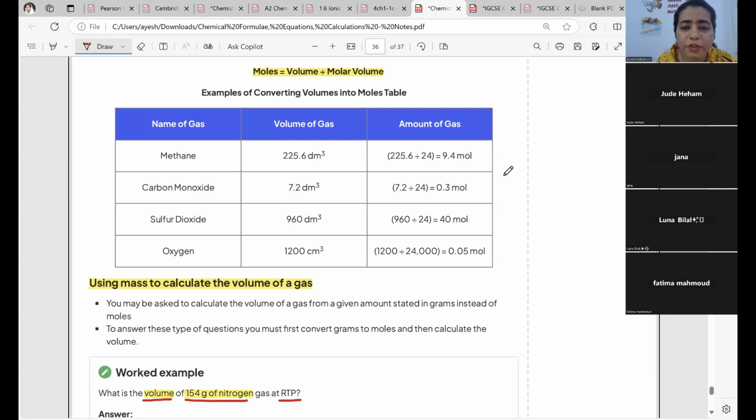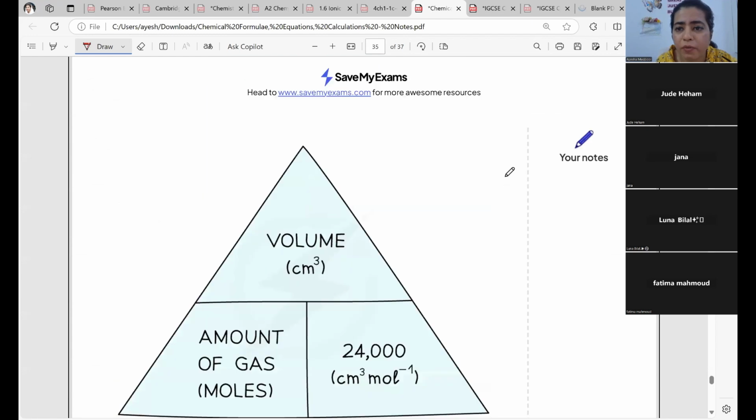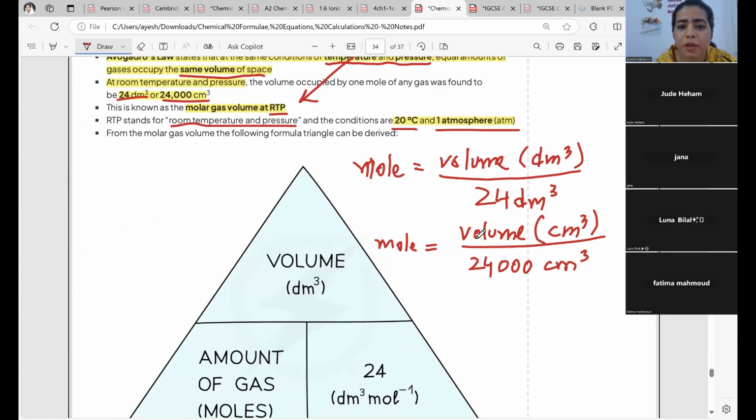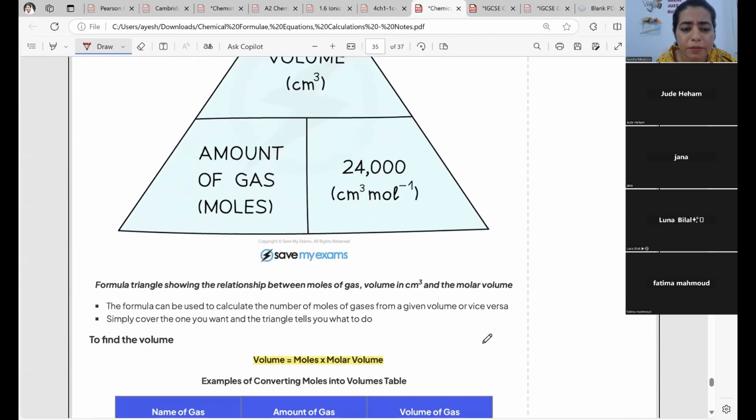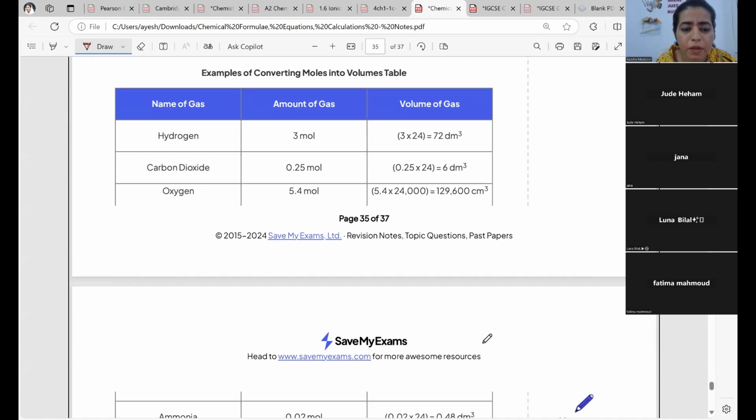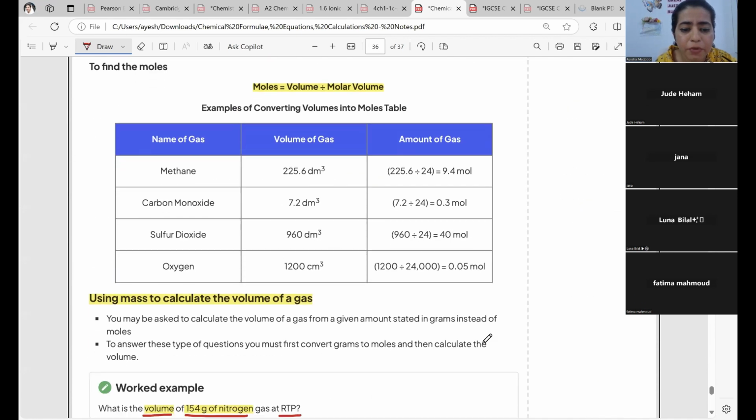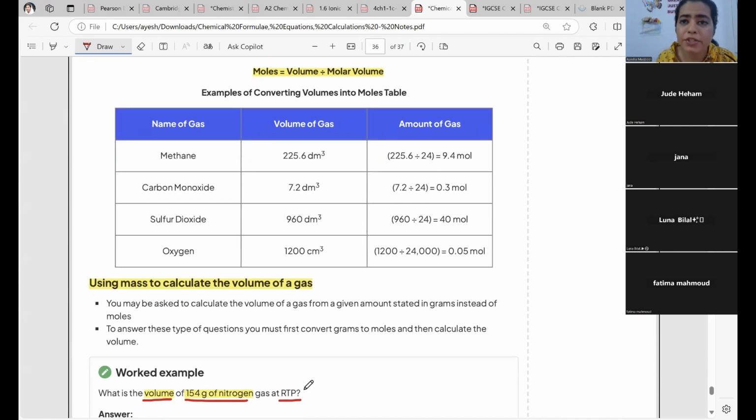Yes, I can show you the formula again, and the formula was this: moles equal to volume over molar volume. Can we rearrange this formula and use here? Yes. Because we have RTP. RTP means this formula. Whenever RTP is given in the question, this formula we have to apply.